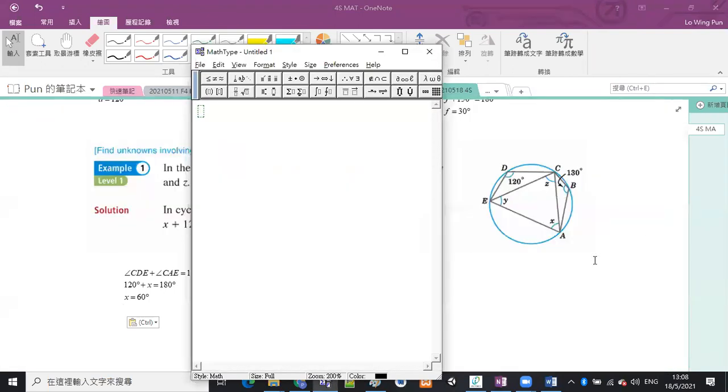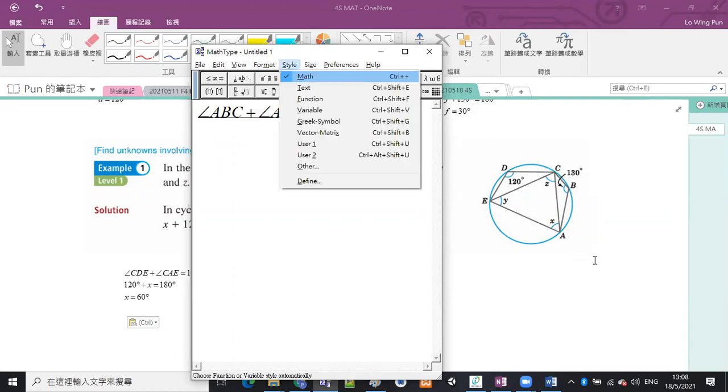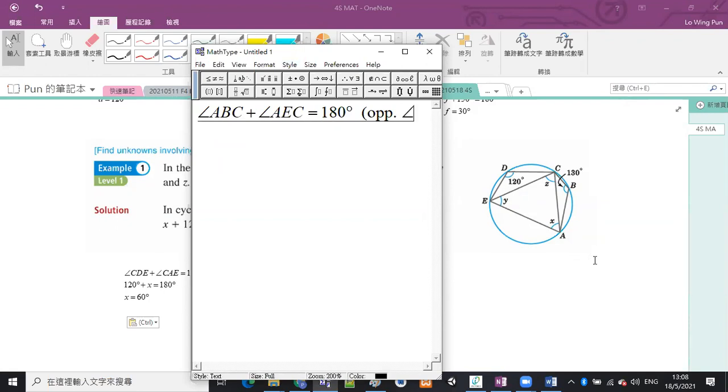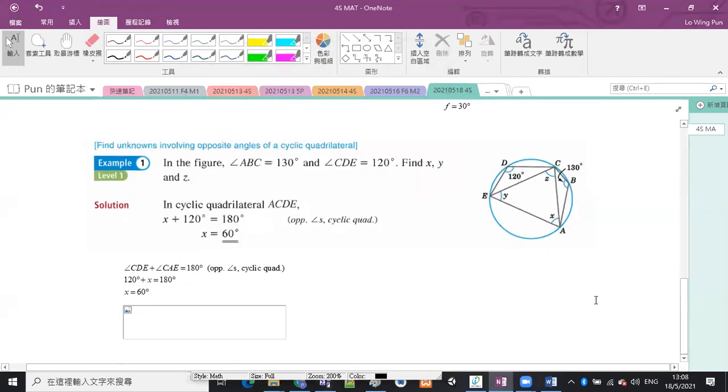And I'm going to choose angle ABC plus angle AEC is equal to 180 degrees. And this is opposite angles cyclic quad. Okay, and we have a comma here. And then angle ABC is 130 degrees plus y is equal to 180 degrees. So y is 50 degrees. Okay, that is the answer for y.